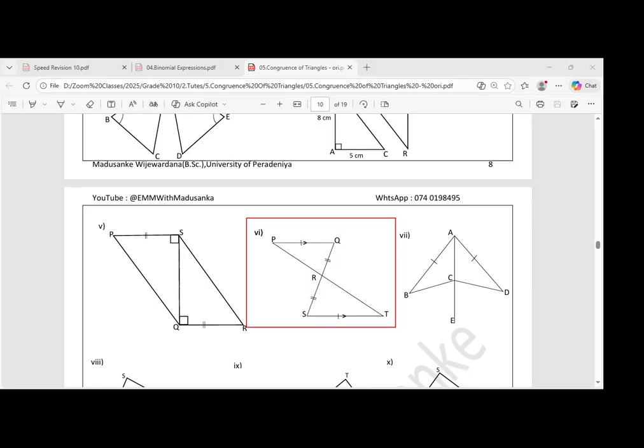I'm going to discuss. RST equals STR equals QPR. Yes, Sami. Seema, why are you not sending me the answers today? Yes, sorry.